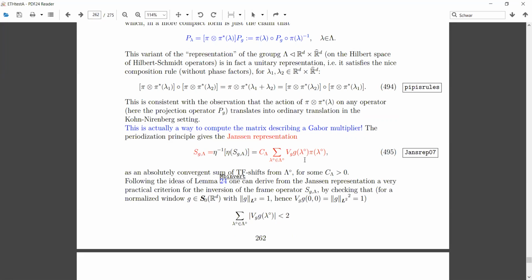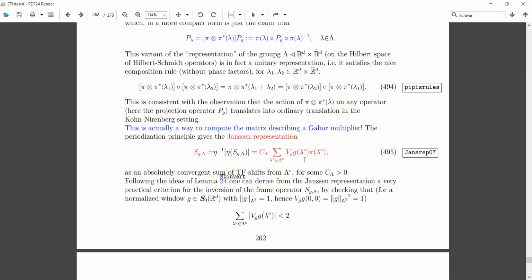So the orthogonal lattice would be just the lattice with n over a, n over b, keeping the order and taking the complementary divisor of n, whereas now we are doing the complementary, but we change the role of time and frequency. This is due to the fact that we have this as part of the symplectic Fourier transform. The symplectic Fourier transform is not like the Fourier transform of order 4, so you have to apply it twice to get the flip operator and 4 times to get back to the identity. Now it's even better, only twice applying a symplectic Fourier transform is giving you this.